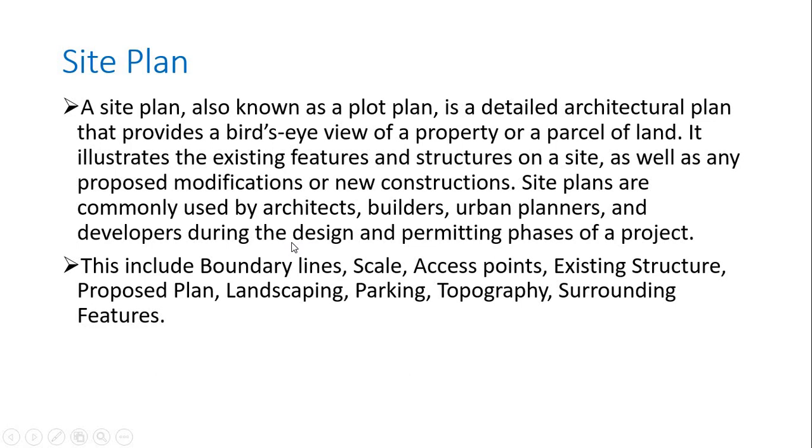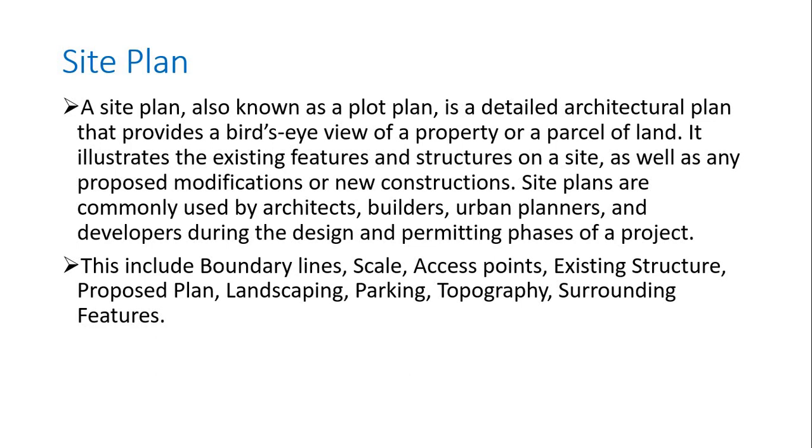And then we are concerned with the site plan. Actually, it is a bird's eye view of our property and our parcel of land. It is a larger scale plan than the location plan, and it has different things included in it. For example, the boundary lines, the outer lines, and we also specify our scales.